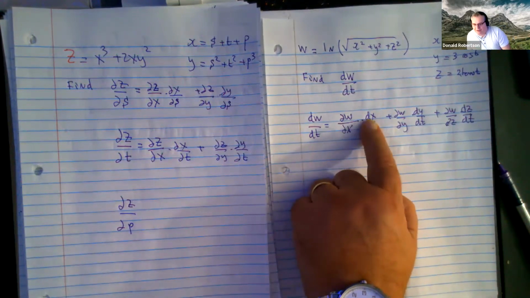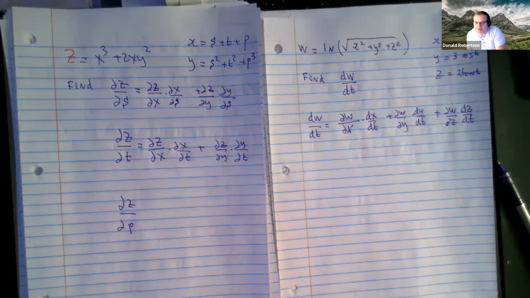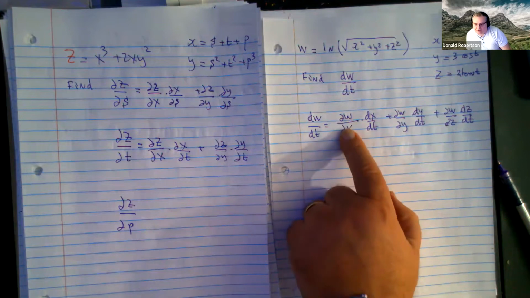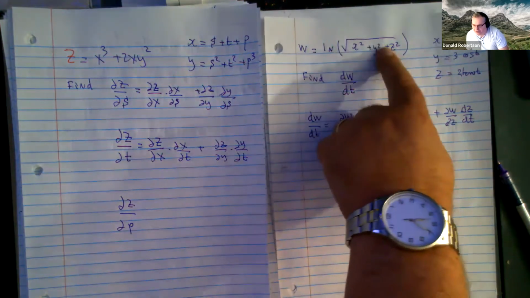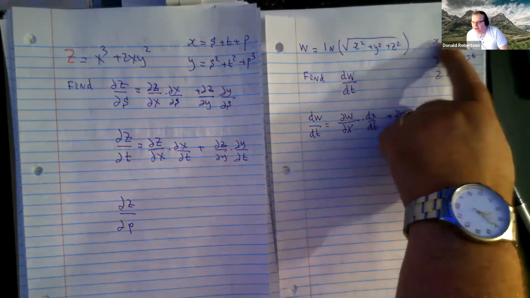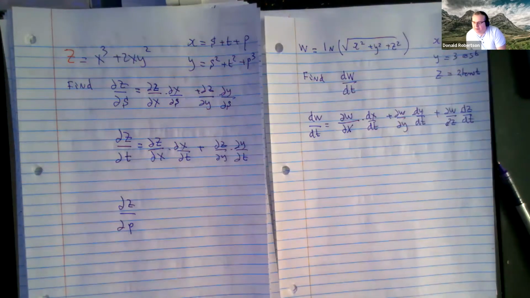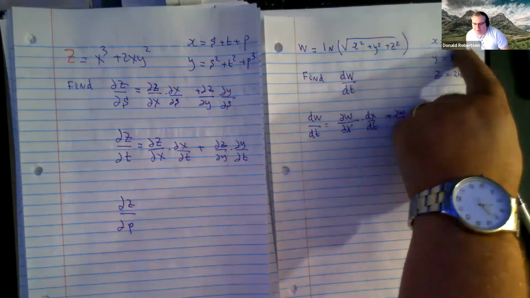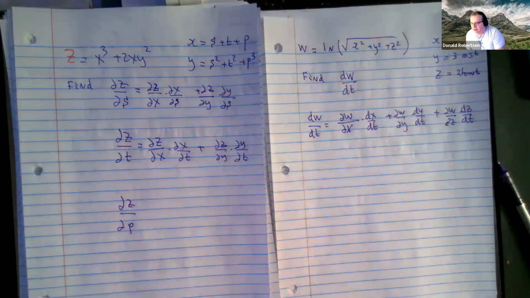That's a delta and that's a d. And is that going to change anything? No, because when you differentiate things, you typically use the same rules. The reason this is partial is because w has 3 variables in it. The reason why this is a d is because x only has 1 variable in it. Most of the time, these guys here will have more than 1 variable, which means everybody's a delta.